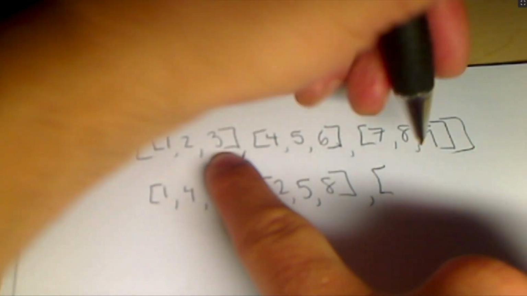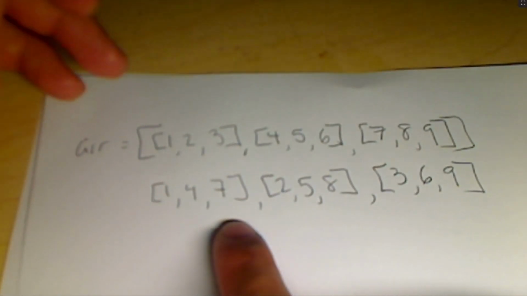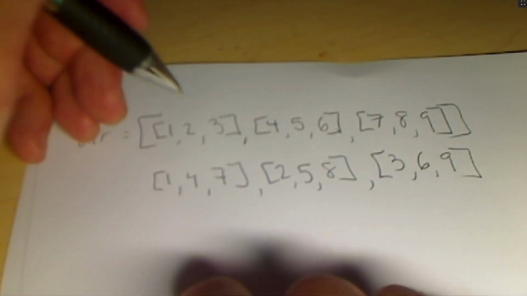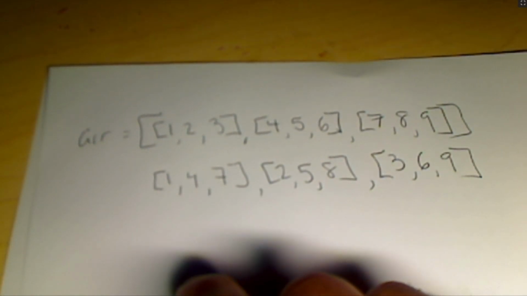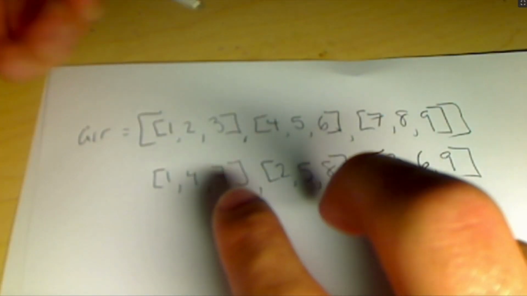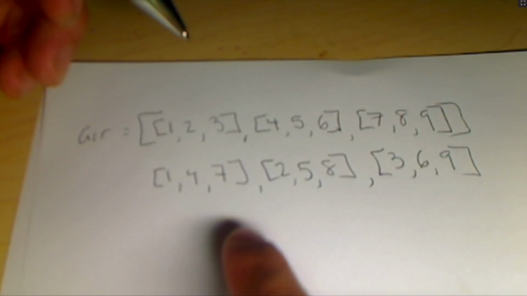Third: 3, 6, 9. Great. So this is what we want to do. How are we going to do that? I'm thinking that in our double for loop, we want to swap the ij element with the ji element.